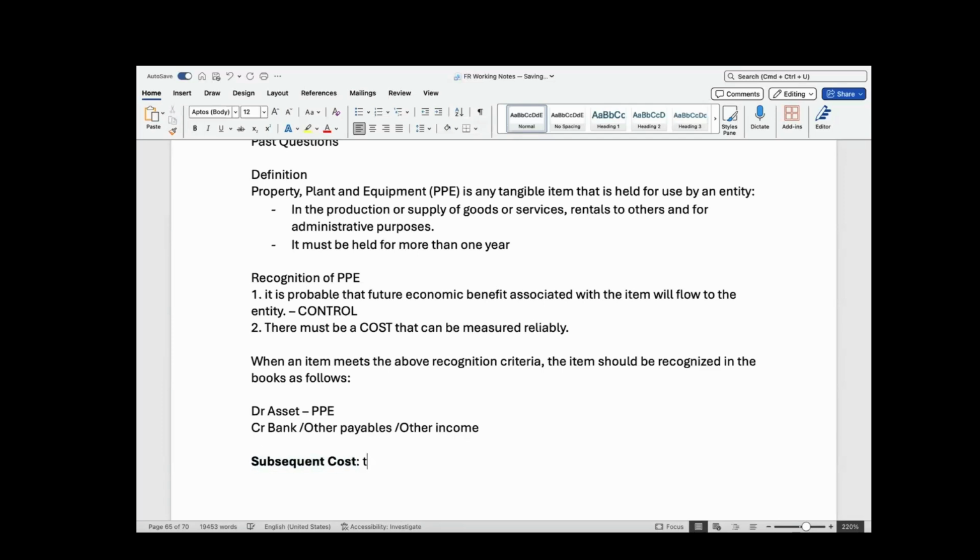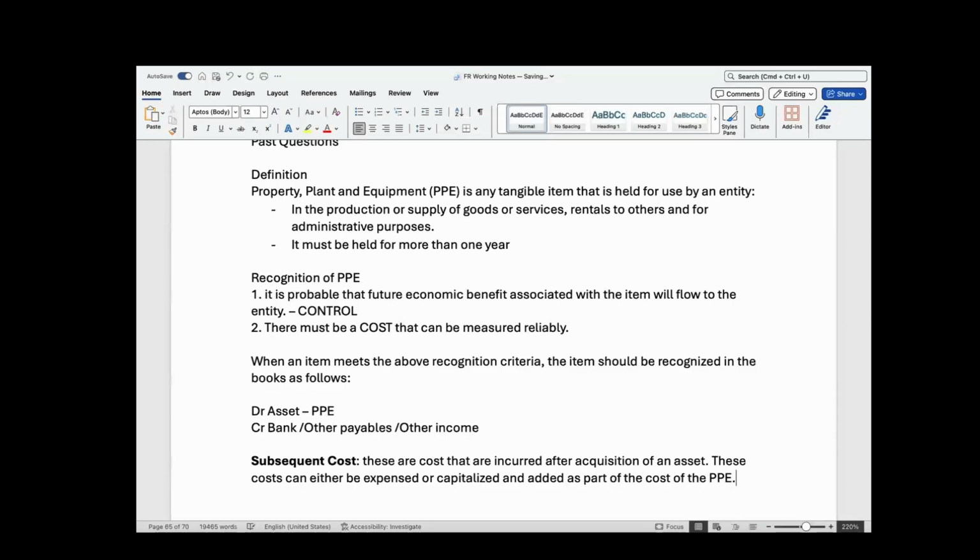So these subsequent costs, these are costs that are incurred subsequent to or after acquisition of an asset. And these costs can either be expensed or capitalized and added as part of the costs of the PPE. So we can either capitalize, we can either expense it.